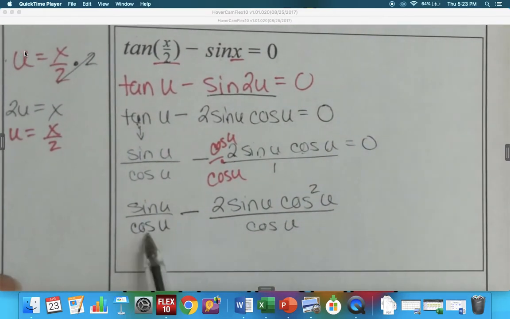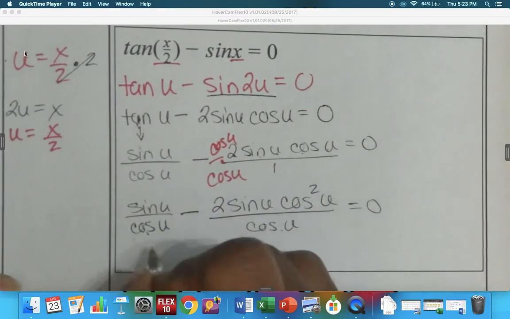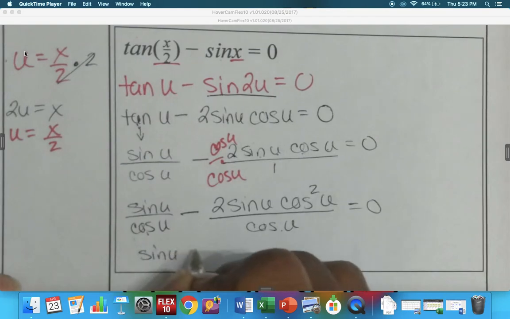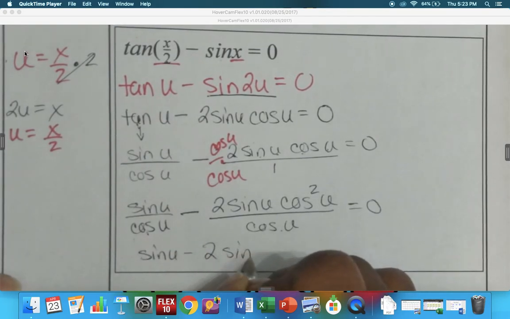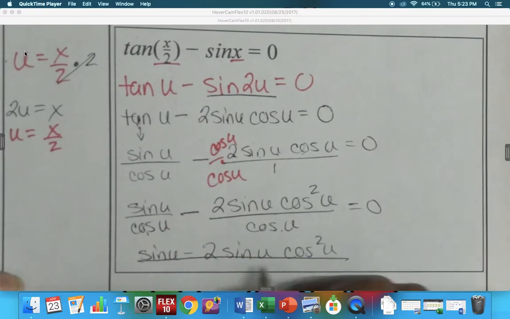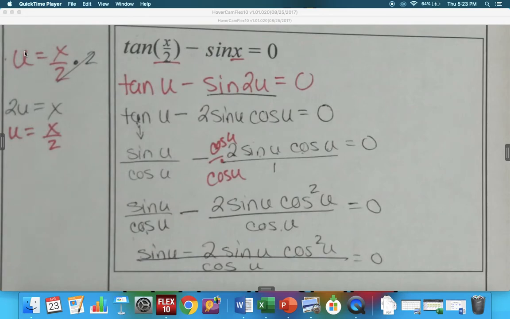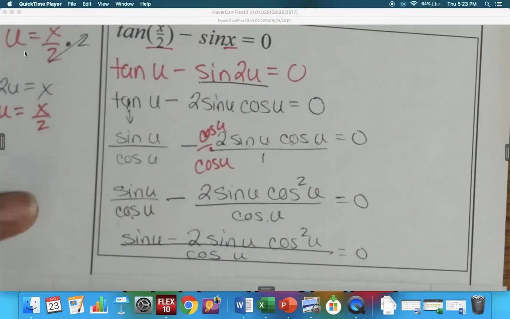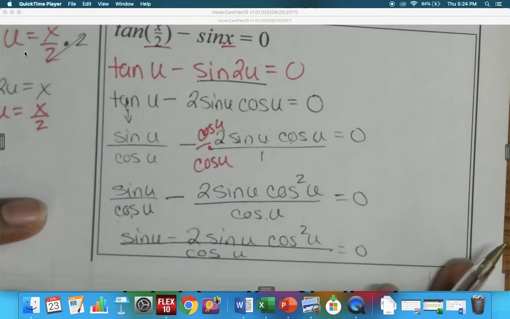Now that I have common denominators, let's put all this together. It's still equal to 0. So I have sine u minus 2 sine u cos squared u all over my denominator of cos u. Because I'm trying to solve for u and ultimately get back and solve for x, I need to isolate these equations as much as possible.